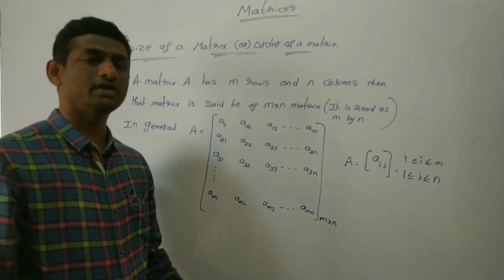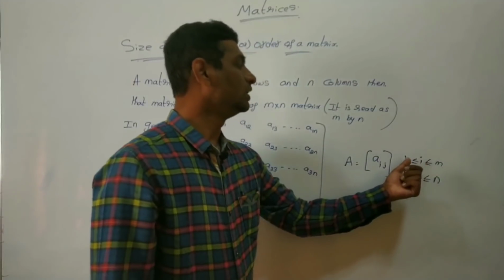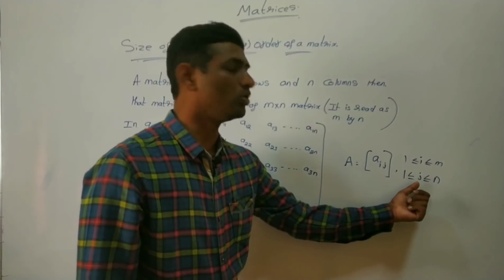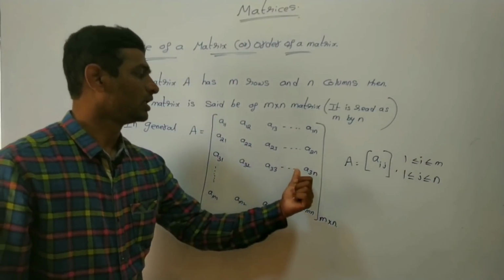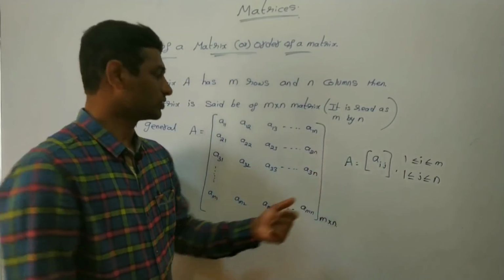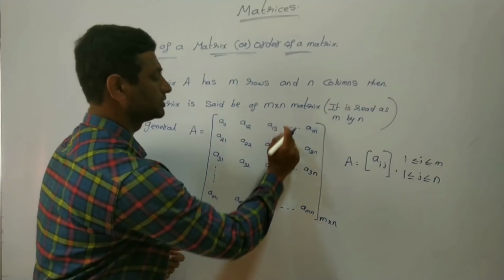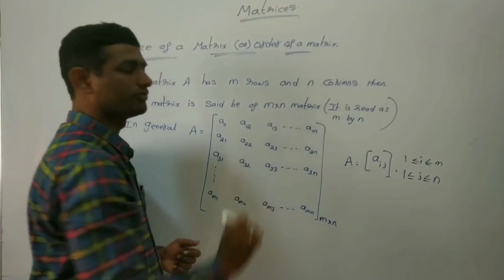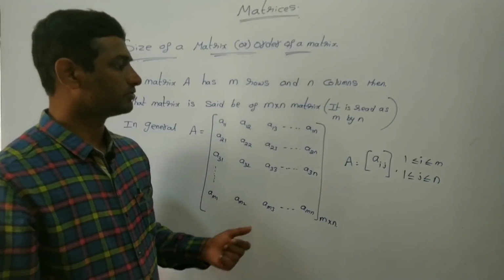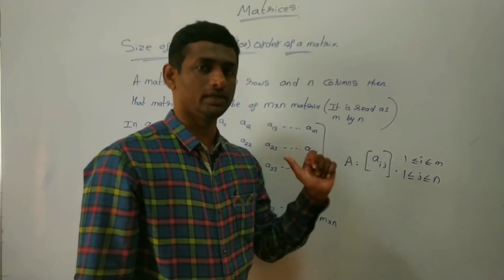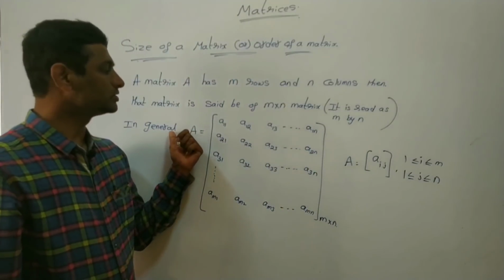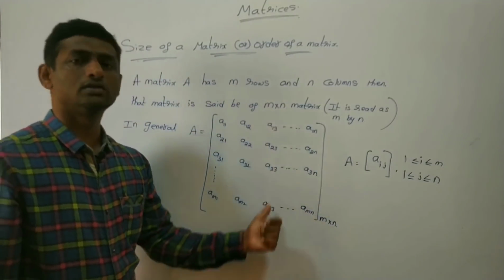Suppose I choose i equal to 3 and j equal to 4. That indicates i is the third row and j indicates the fourth column. So third row and fourth column. For example, one more: if i is equal to 2 and j is equal to 3, then it means second row and third column.